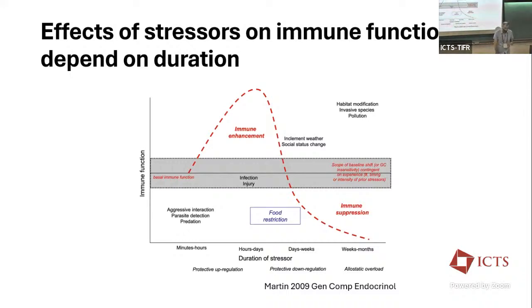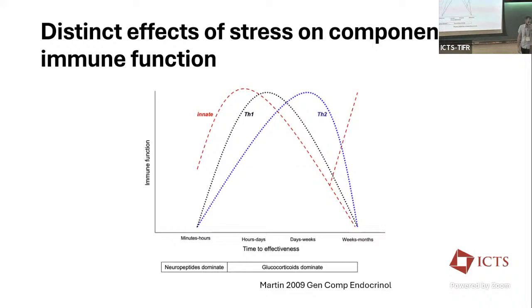So, these short-term stressors can affect some different arms of the immune system. You can have short-term things that increase this inflammation, this innate immune response that's detecting the pathogen and responding to it with phagocytosis and all these other things.